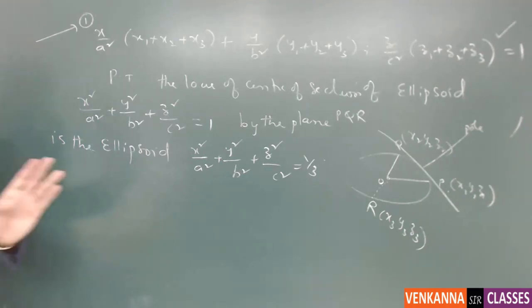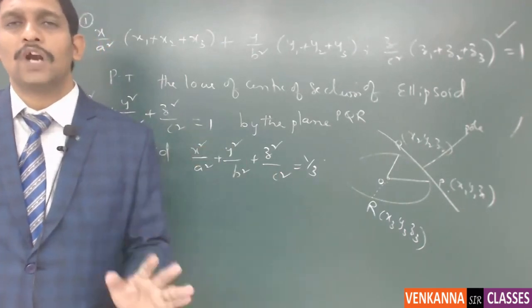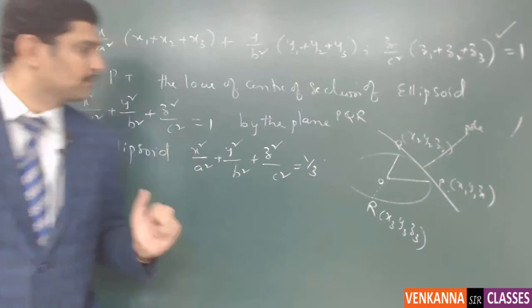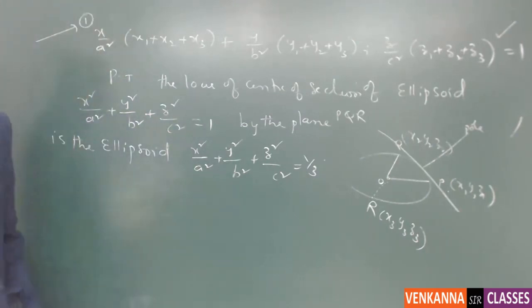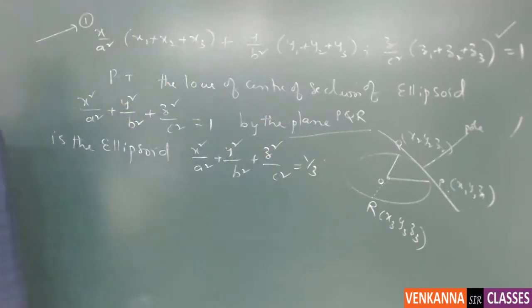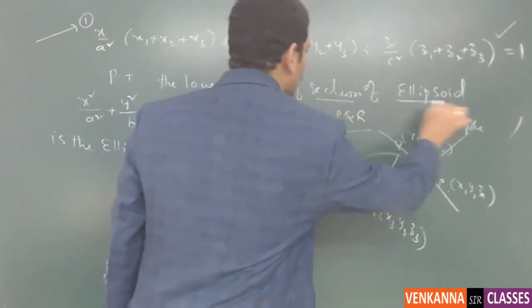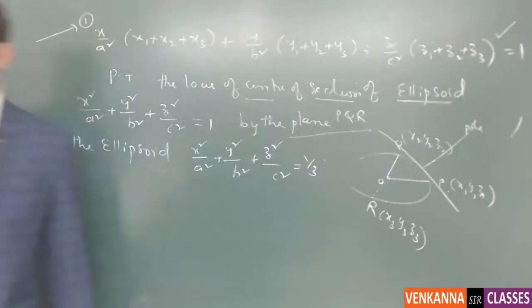The approach for this problem is very similar to the previous problem, what we did just now. So here, I got a plane equation PQR, and it is mentioned that the center of section of the ellipsoid by the plane.